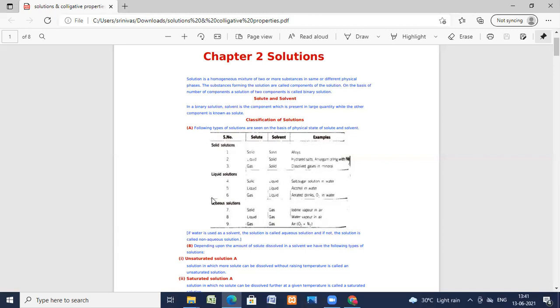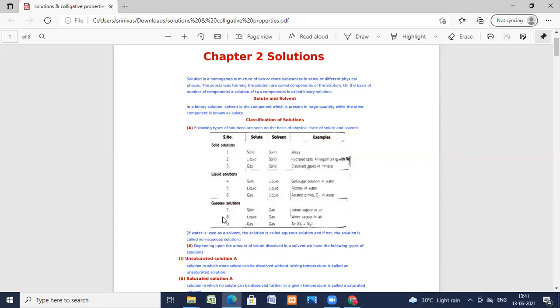And for gaseous solutions, the larger one is gas. In liquid solutions: solid in liquid, such as sugar solution; liquid in liquid, alcohol in water; gases in liquid, aerated drinks, beverages, soda. All these are examples.